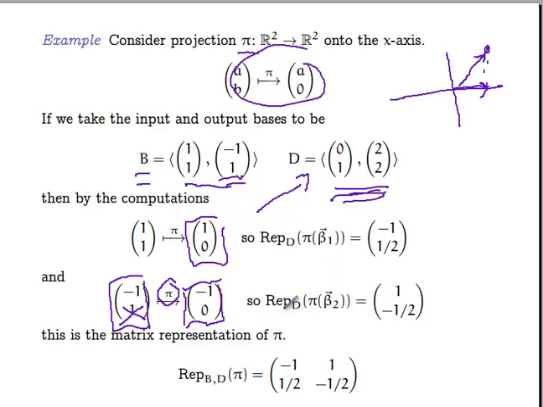And you can verify that minus 1, 0 is equal to 1 times 0, 1 minus 1/2 times 2, 2. Now, according to the definition we just made, in order to represent the linear transformation pi relative to the domain basis B and codomain basis D, I simply take these two vectors and write them next to each other.